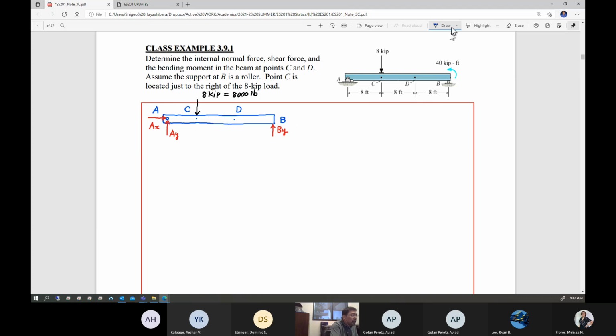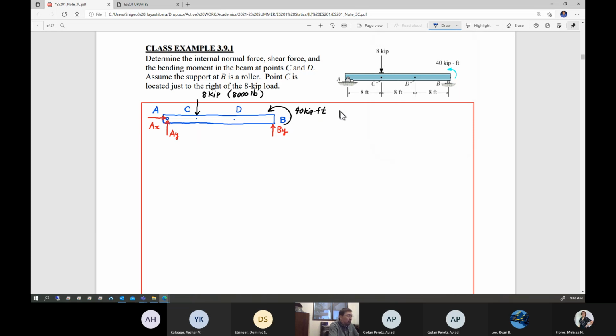And also, don't forget, there's an externally applied moment at point B. This is 40 kip foot. I'm going to use kip anyways in my computation. So this is the free body diagram.